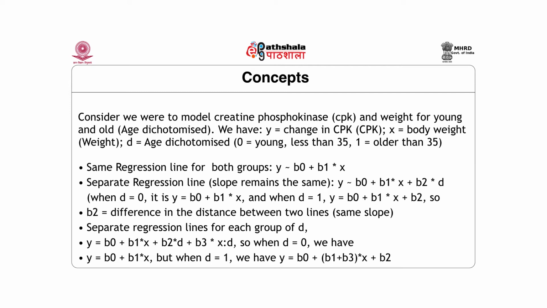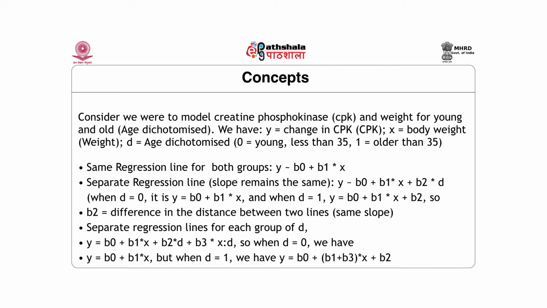That association is similar, but the trajectory is going to vary depending on whether you are an older person, that is more than 35 years, or a younger person, less than 35 years. So that is different. So same regression line for both groups, where we don't really care much about that.